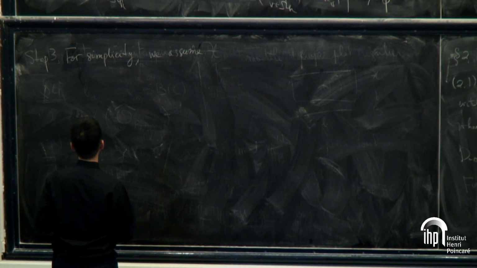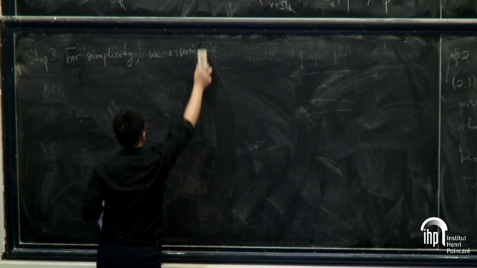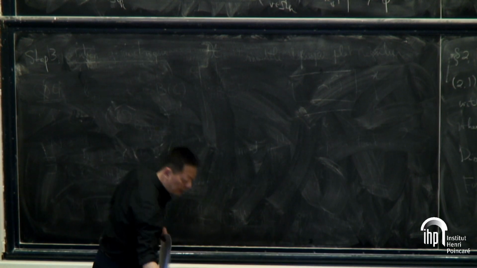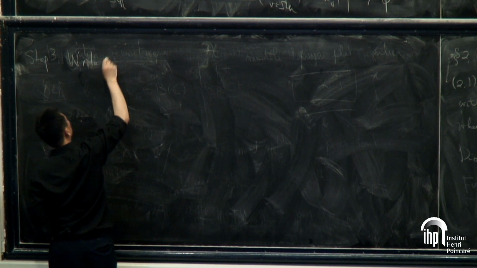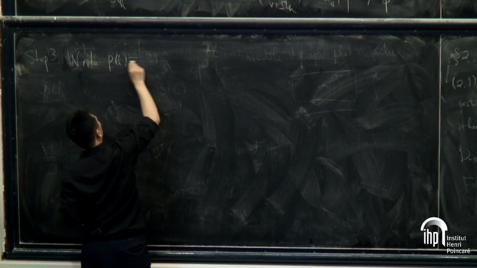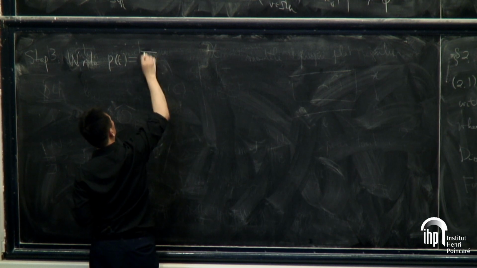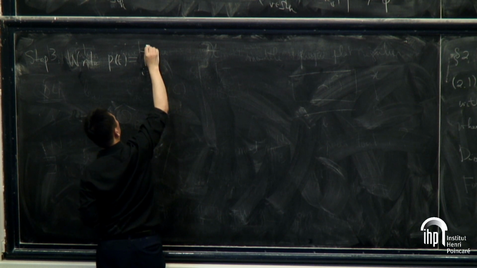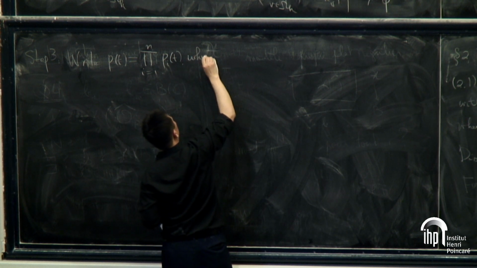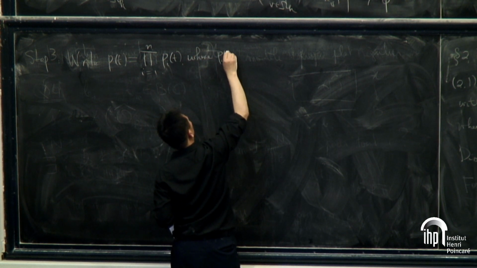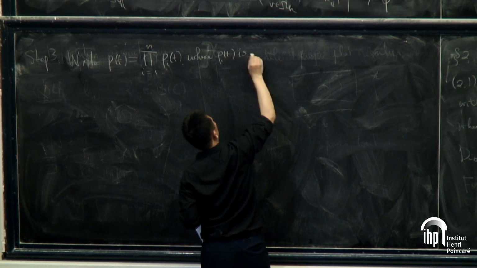We can assume, for simplicity, P(T) is P1 product of this one. P_i(T) is irreducible.